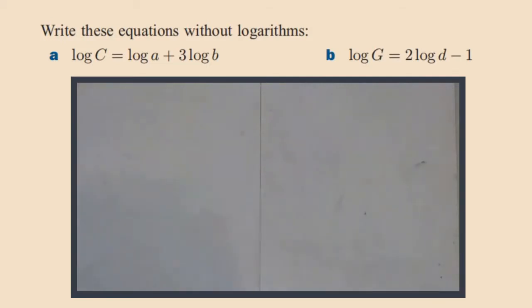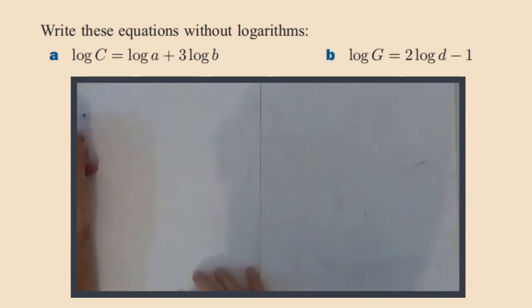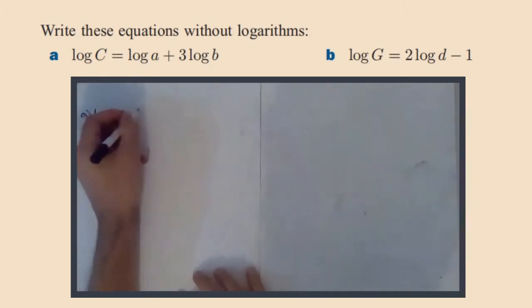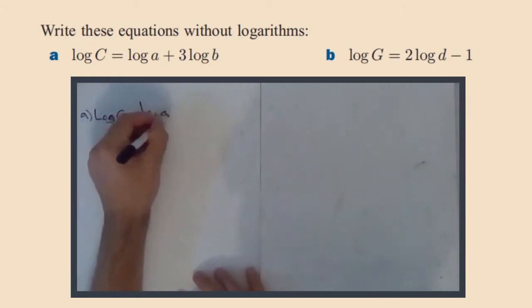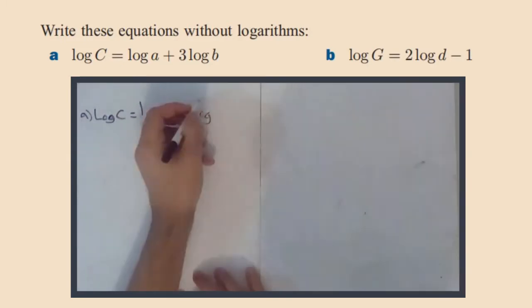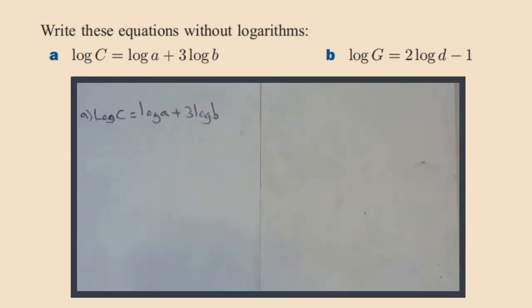Here we have two more logarithmic equations that we are asked to write without logarithms. So part A, it says log C equals log A plus 3 log B. So we're looking to undo the logs.